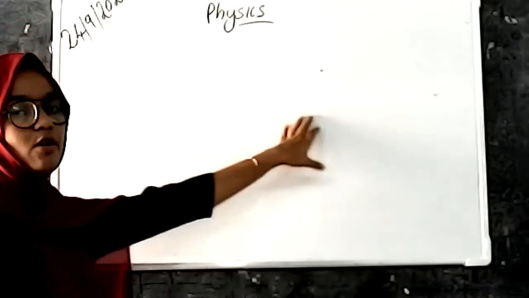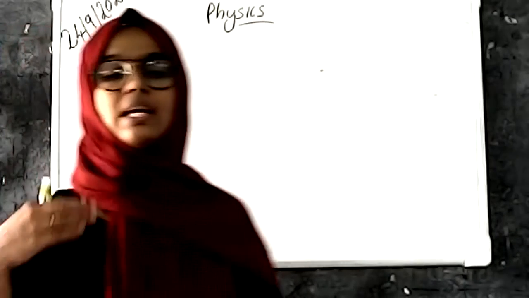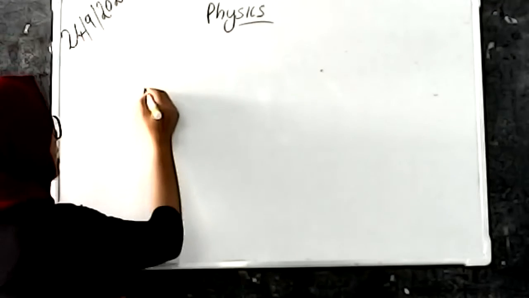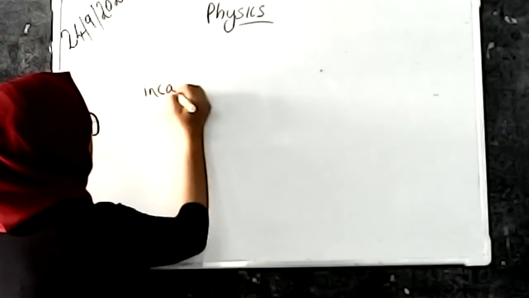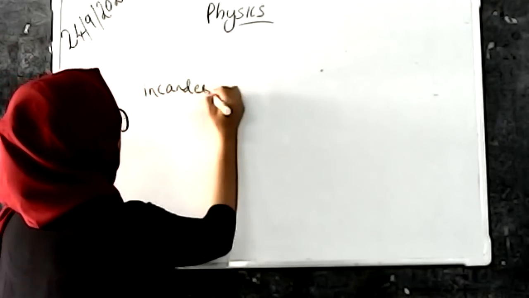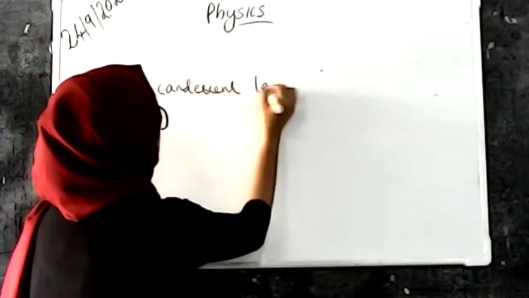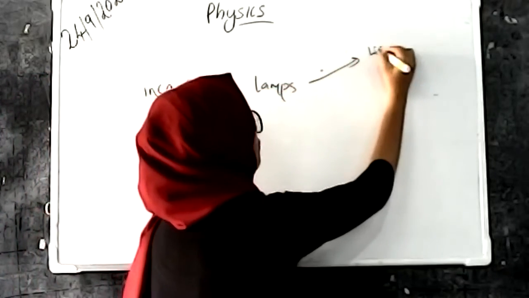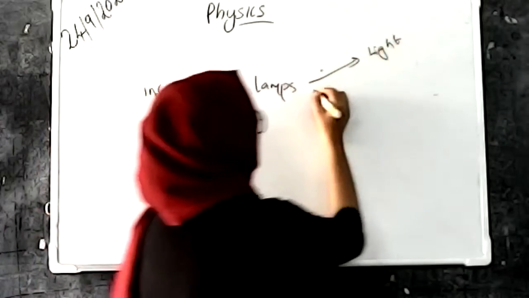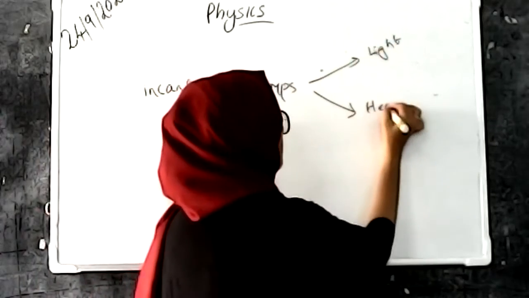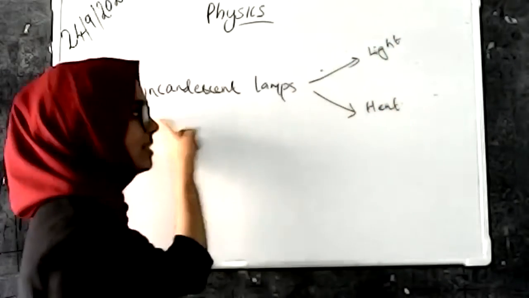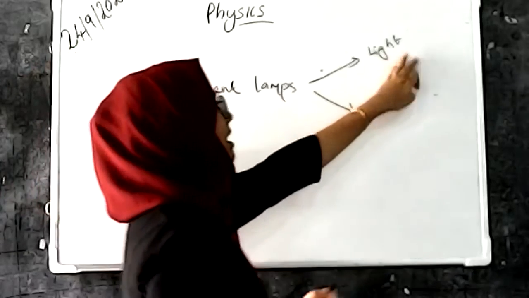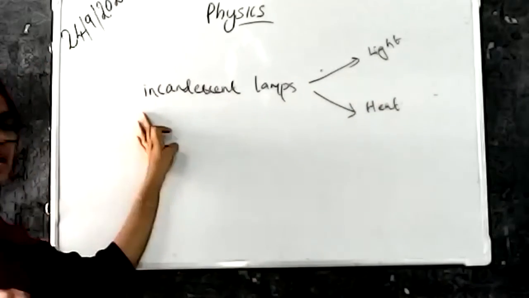Incandescent lamps. In the case of incandescent lamps, a lot of the electrical energy goes to heat energy and light energy. In incandescent lamps, energy is formed in the form of light and heat. So here the electrical energy is wasted as heat, and this is a disadvantage of the incandescent lamp.